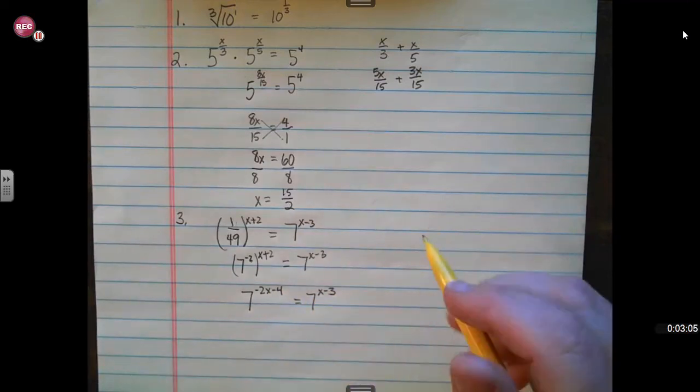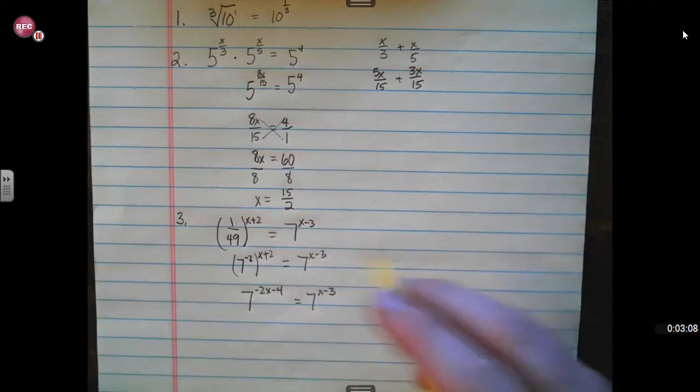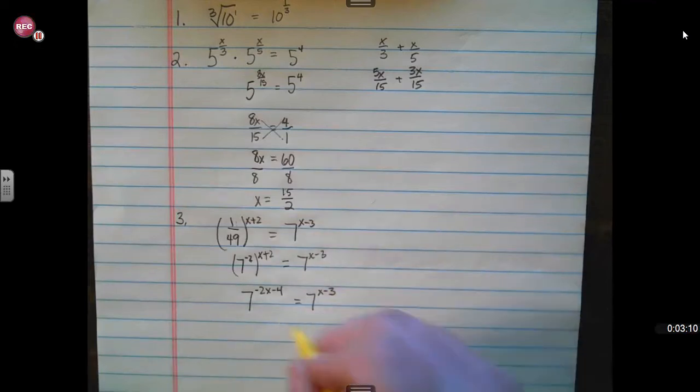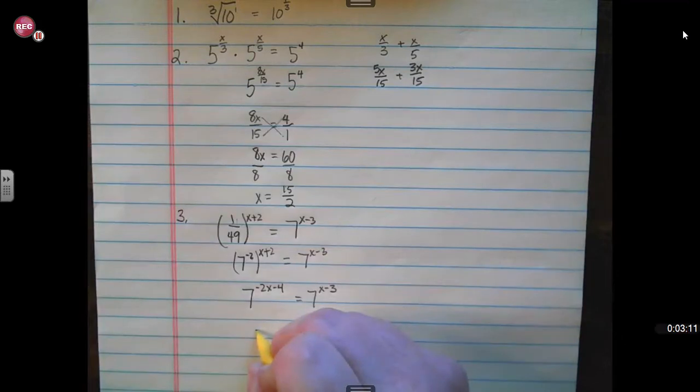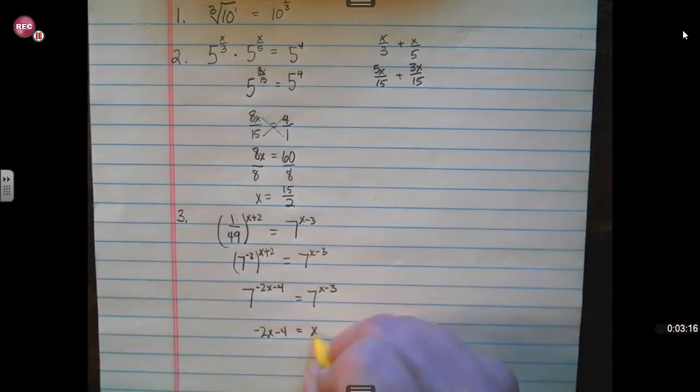And now that I have the same base on both sides raised to a power, I can set those powers equal to each other. So negative 2x minus 4 equals x minus 3. And I would probably subtract the x from both sides to solve this.